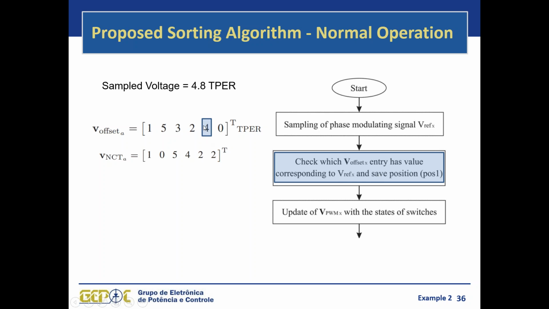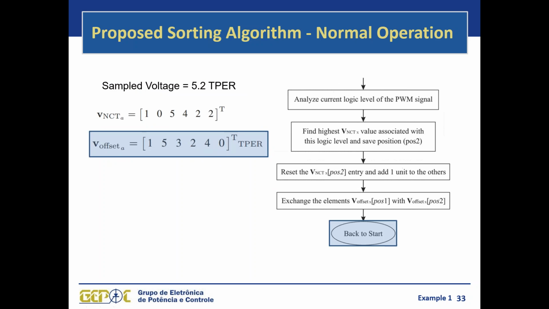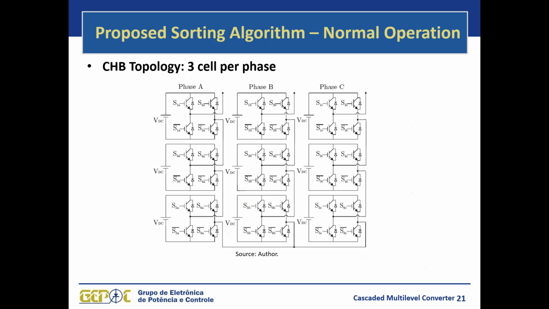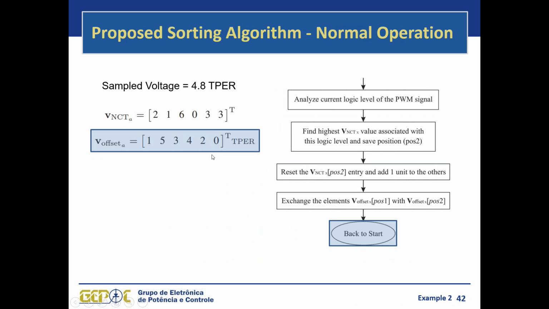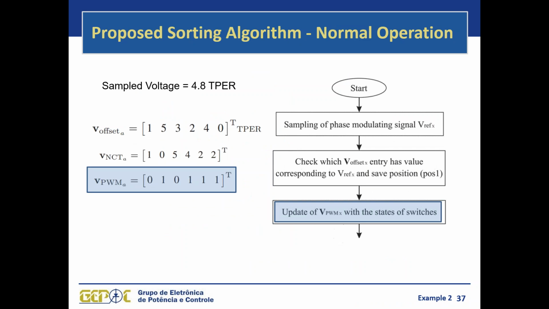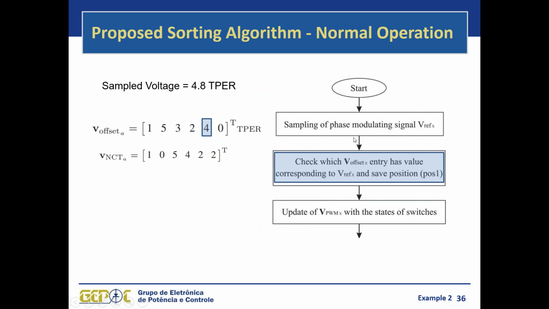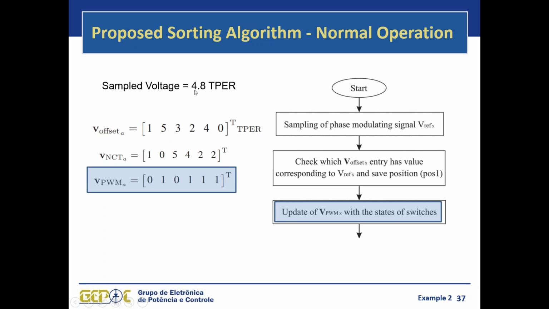So now it's this other switch here that is associated to switch S4. Is switch S4 here. So we have checked that S4 has the same offset as the sample voltage.